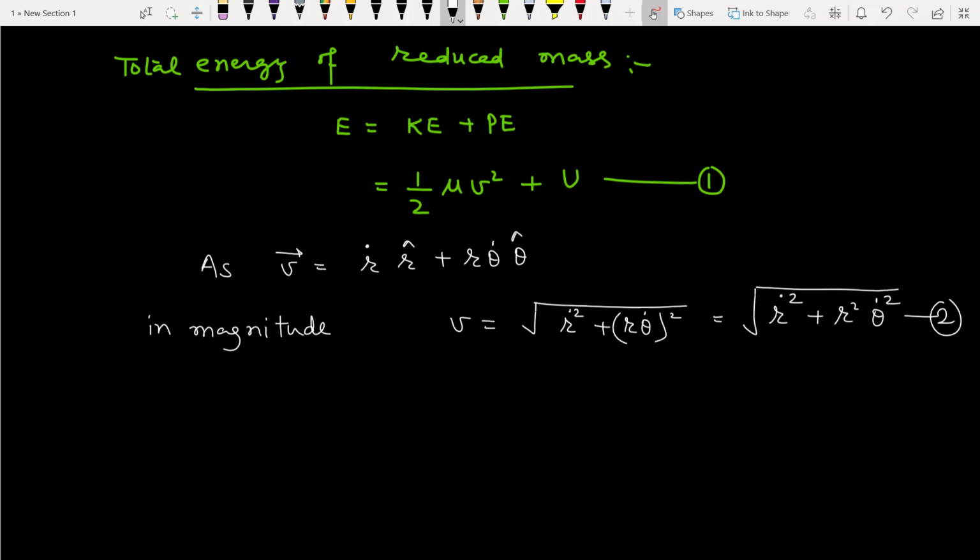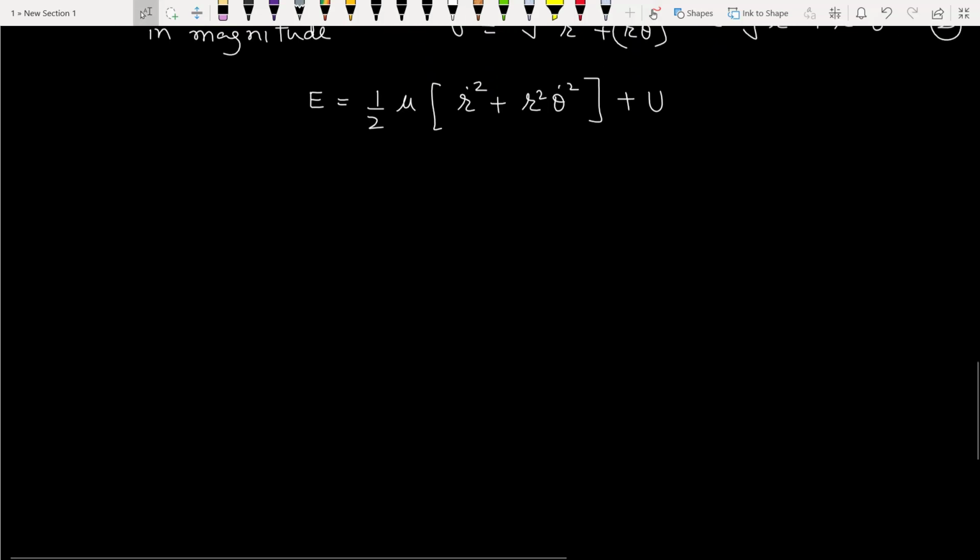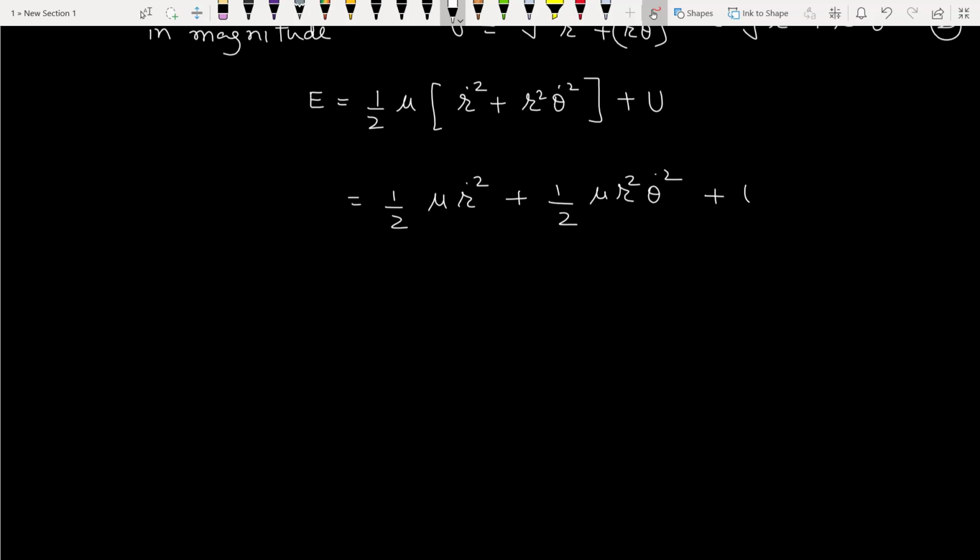When we substitute this velocity in equation number 1, we will get half mu times r dot square plus r square theta dot square, plus U. When we open the bracket, half mu r dot square plus half mu r square theta dot square plus U.